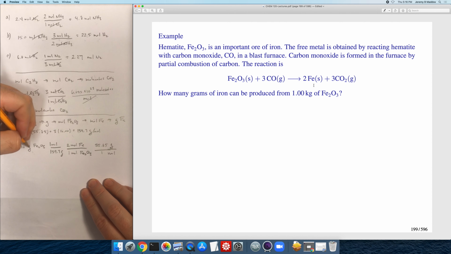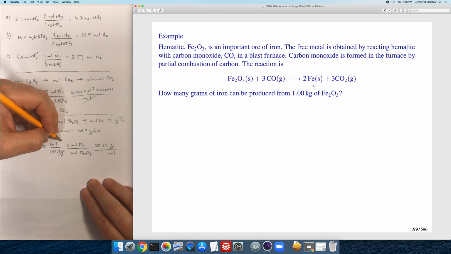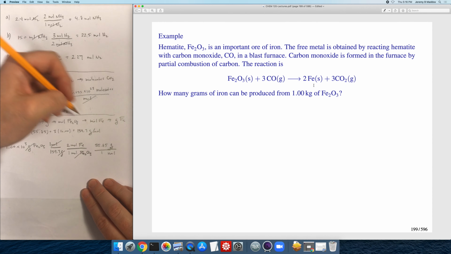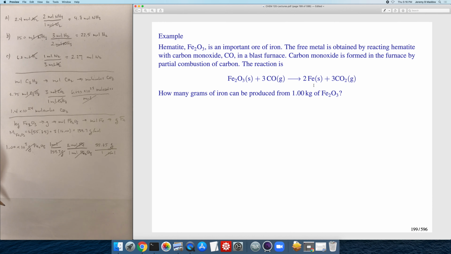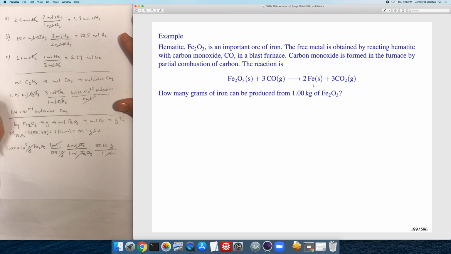So the grams of the iron 3 oxide cancel, the moles of the iron 3 oxide cancel, the moles of the iron cancel, and then we're left with grams of iron. So I'm getting from this calculation 699 grams of iron.